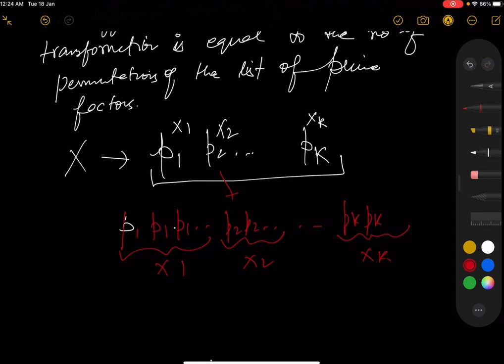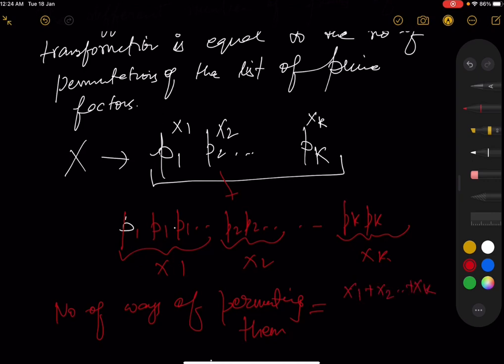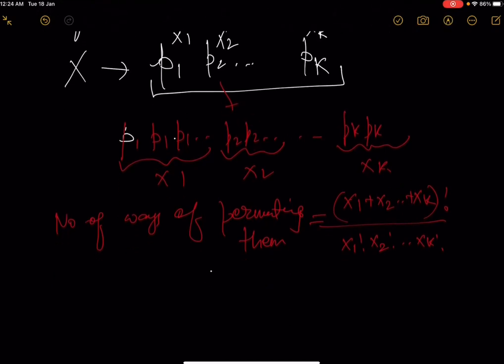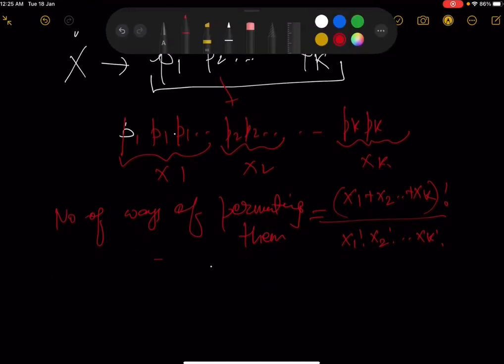So the number of ways of permuting them will be equal to (x1 plus x2 up to xk) factorial divided by x1 factorial into x2 factorial, and so on up to xk factorial. In this way we can find the number of paths by calculating the number of permutations using this formula.